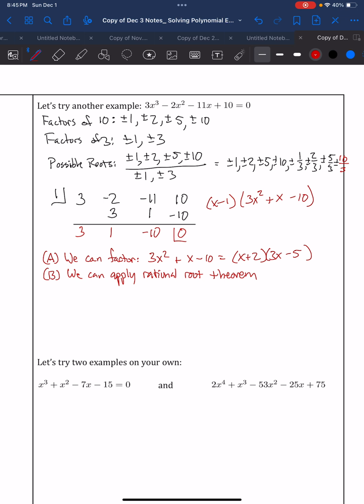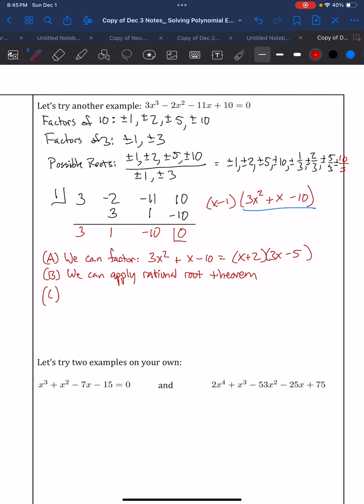So we can try that. And sometimes that's the only thing to do, just to make another intelligent guess. Or we can note, hey, this is a quadratic, right? We have 3x squared plus x minus 10.